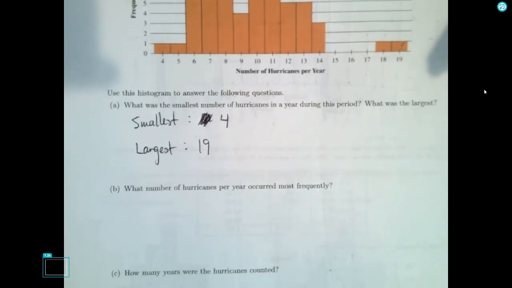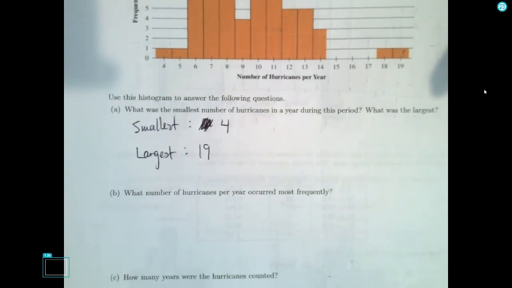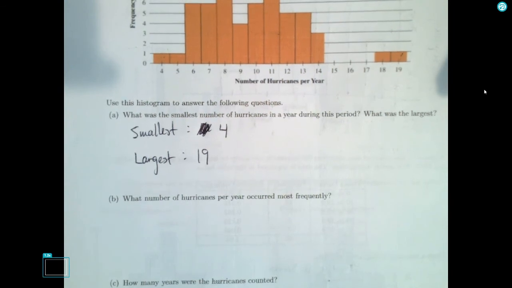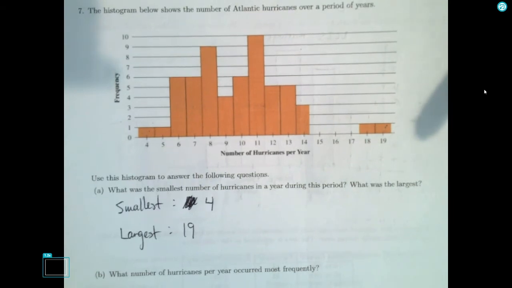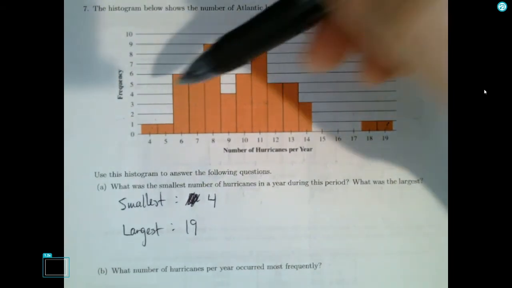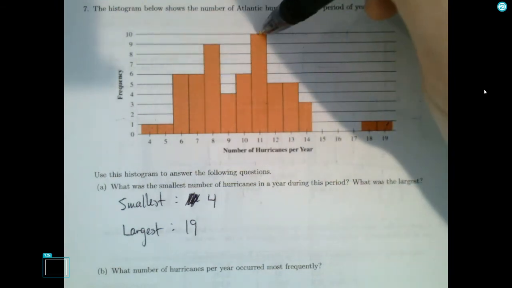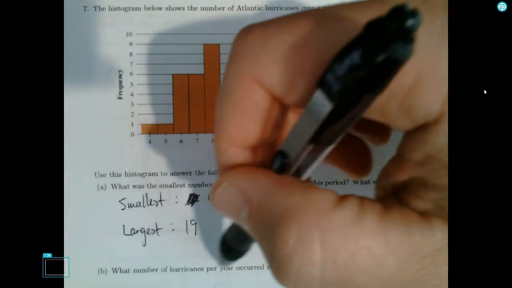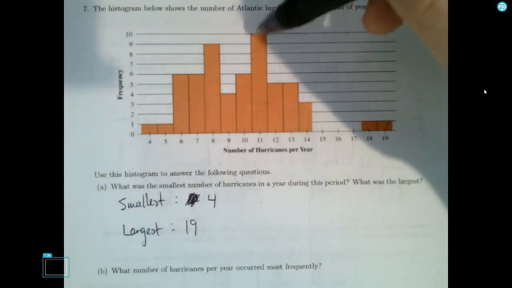Okay. Next one. It says, what number of hurricanes per year occurred most frequently? Well, this is asking us to kind of work backwards. It's saying, what was the largest frequency? Well, the largest frequency was this one right here. This number of hurricanes happened 10 times. So what number of hurricanes per year occurred most frequently?